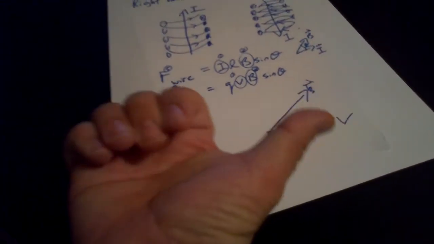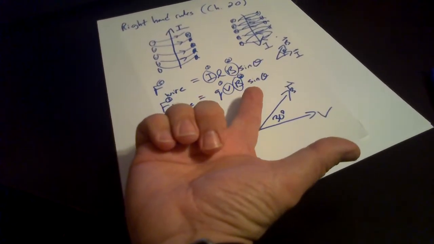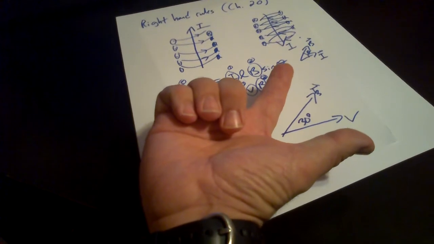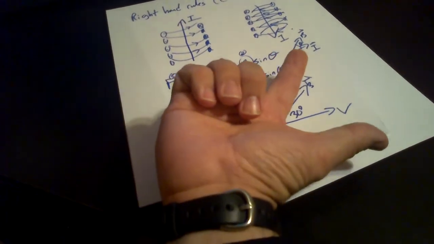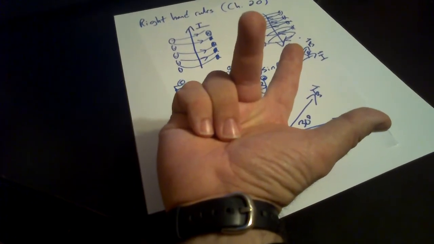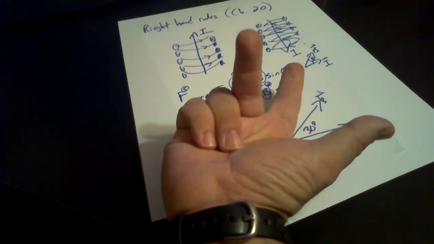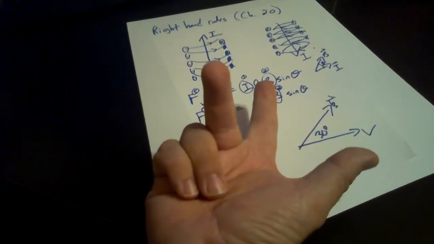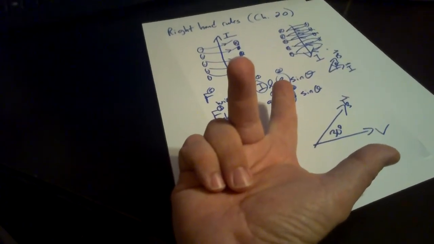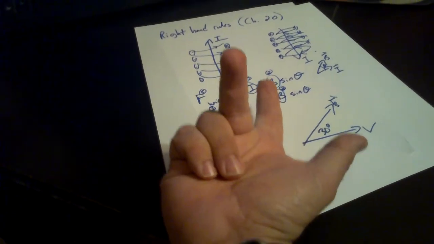So we point our thumb in the direction of v. We take our first finger, it's in the plane of the page here, so they're both in the horizontal plane. And then our third finger, if we put it at a right angle, is obviously pointed toward the ceiling. So a positive particle entering a region of space with a magnetic field will experience a force upward.